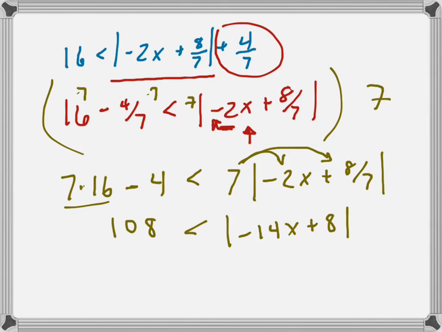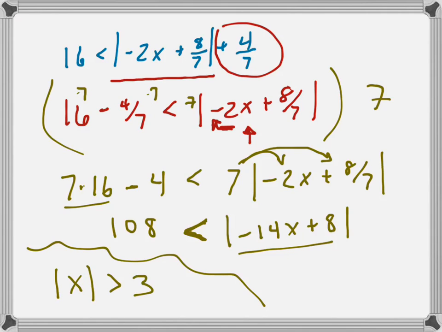Now this is the trick where you've isolated the absolute value, and now you're going to write this in two different ways. Now notice that the absolute value is greater than a value. When you've got a greater than, think back. I like to think about, if I told you that the absolute value of x is greater than 3, what does that mean?